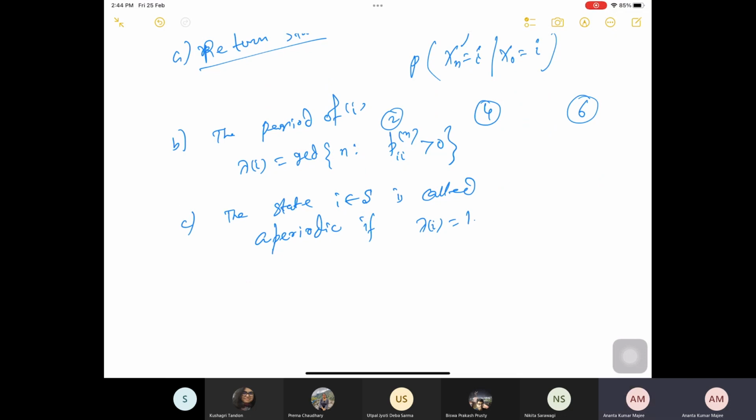And a Markov chain where all the states are aperiodic is called an aperiodic Markov chain. So a Markov chain with all states aperiodic is called an aperiodic Markov chain.